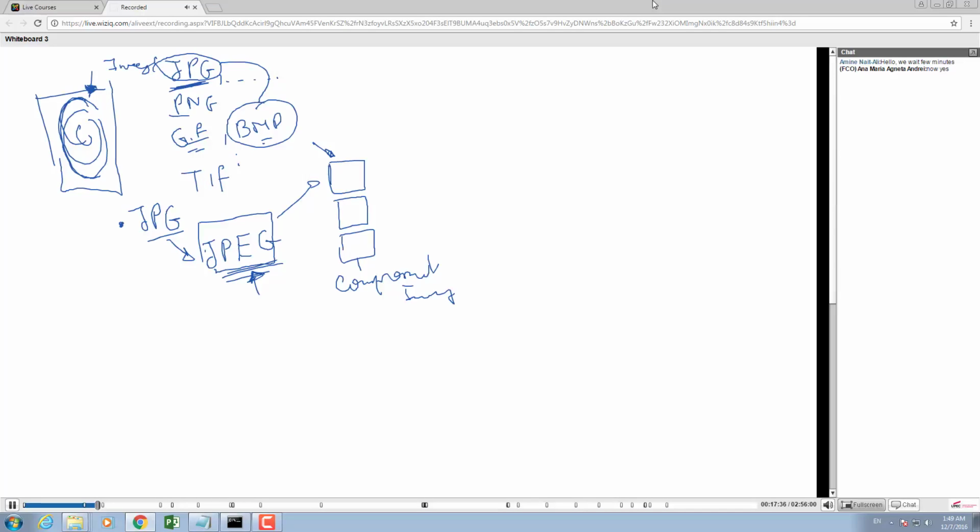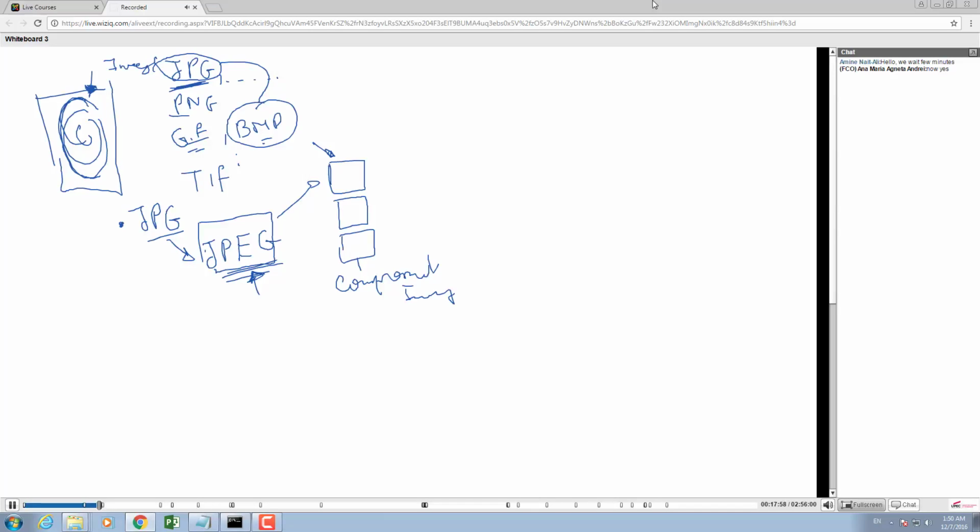When you compress, you try to keep the same information, but you reduce the size. Probably we'll be talking about this in one of the different sessions. Why? Because it's very important to take into account this idea of compression.